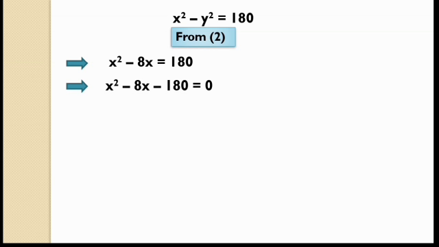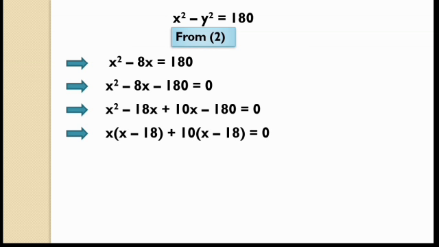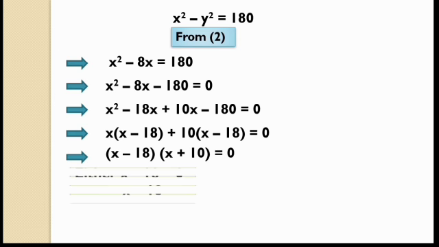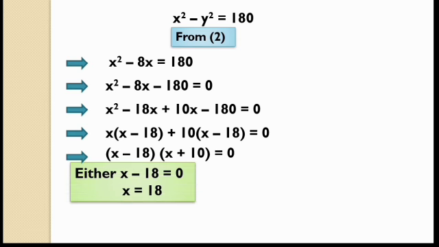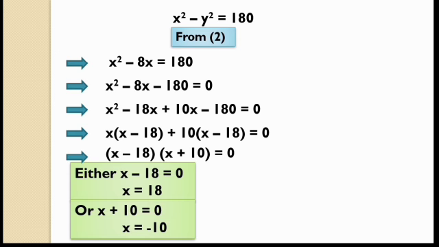Now we will factorize this by using the middle term split method. We will get x square minus 18x plus 10x minus 180 equals 0. Then we will take common x minus 18 plus 10 into x minus 18 equals 0. Yes, the common factor is x minus 18, and in the second bracket x plus 10 equals 0. So either x minus 18 equals 0, we will get x equals 18, or x plus 10 equals 0, we will get x equals minus 10.